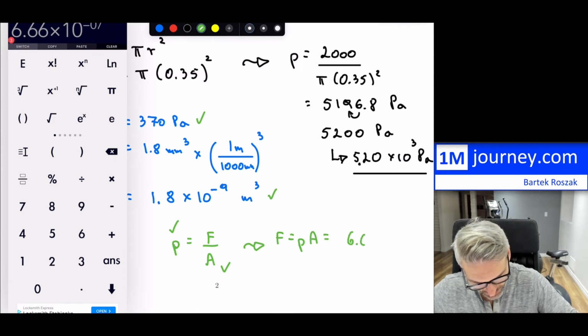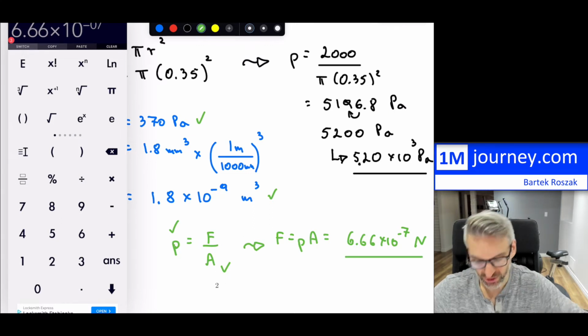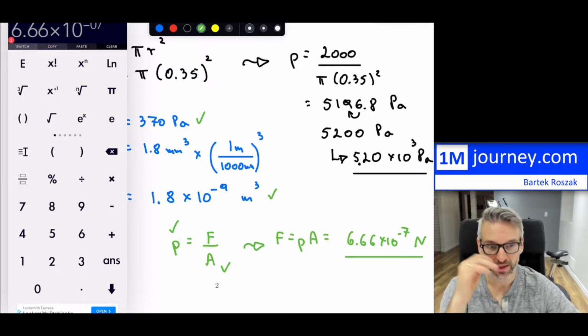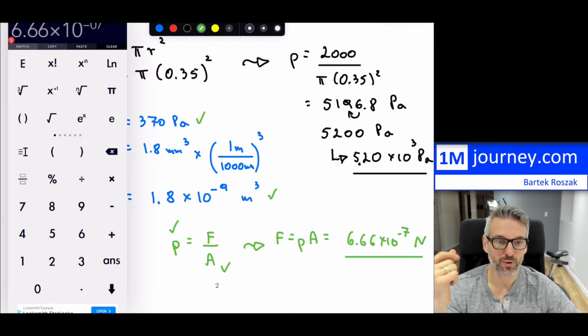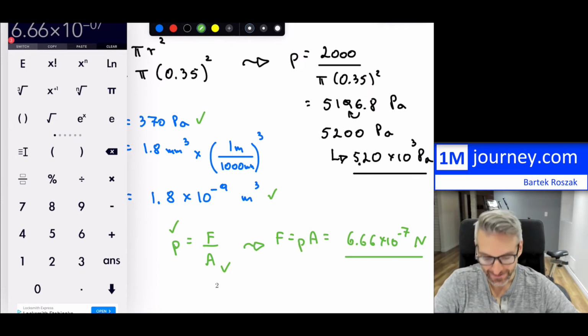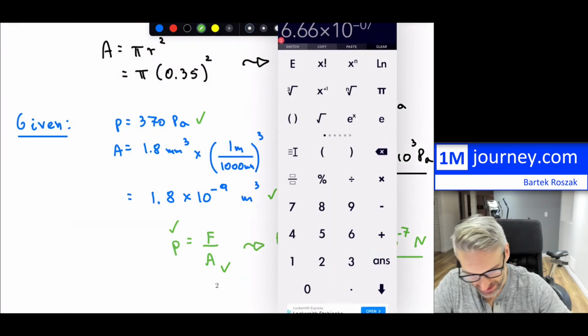This is 6.66 times 10 to the negative 7 newtons. That's a tiny force to puncture through this. If it was only 370 pascals that you needed, you can blow on this. 10 to the negative 7 is a puny force. That's what this example would give us.